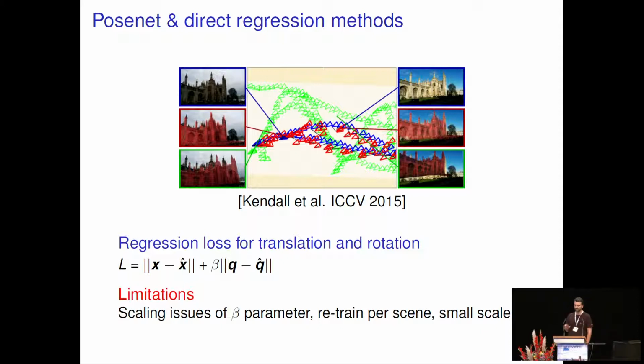As you can see in the equation there, the loss is based on a translational and an orientational component. This introduces a few problems, such as the scaling parameter between translation and rotation. But the most important problem is that it has to be retrained for each new scene, because the origin of the world is related to the individual scene.